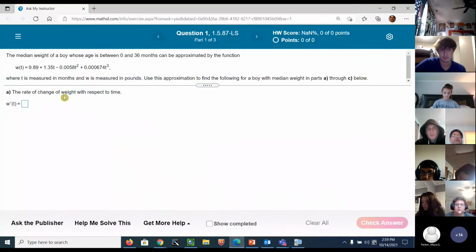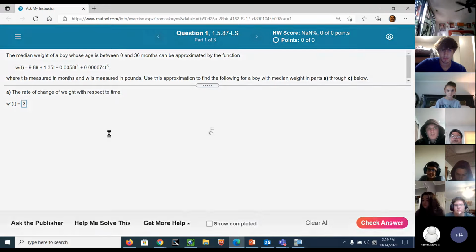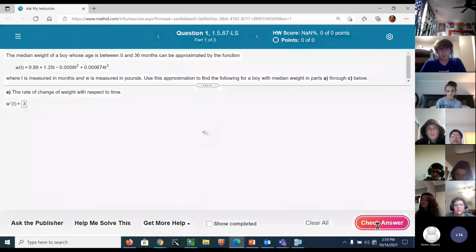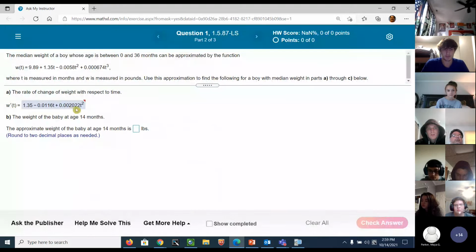The rate of change of weight with respect to time is what we just did. 0.00202 t squared minus 0.0116 t plus 1.35.